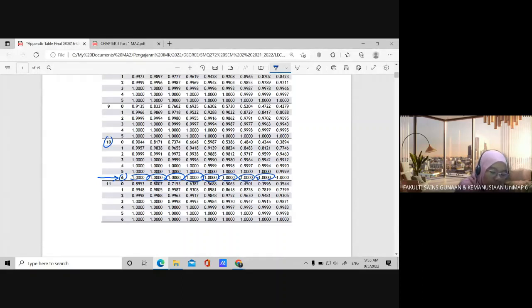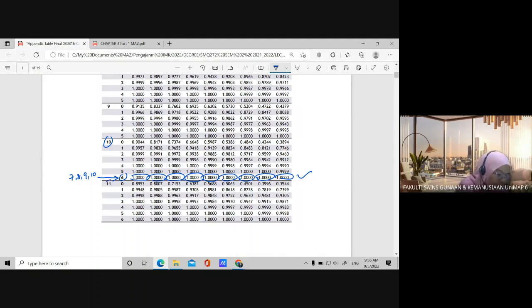So that's why it will stop at 6, meaning that at 7, 8, 9 and 10 successes, all of the probability values are 1, the same as number 6. That's why we stop at 6 successes only.